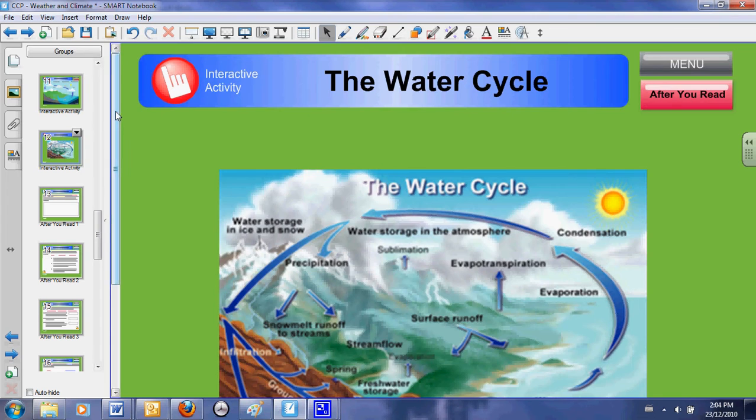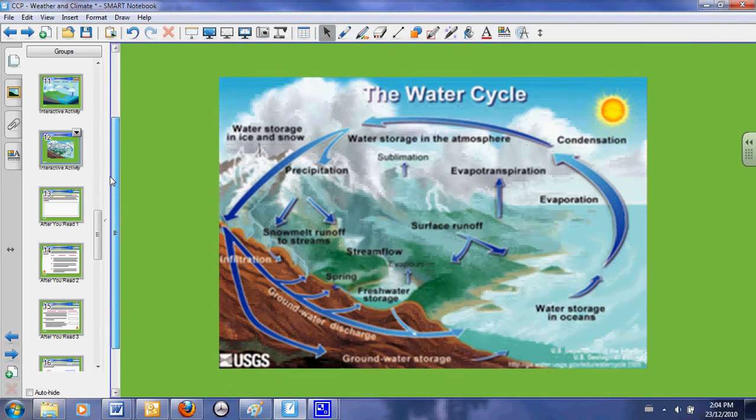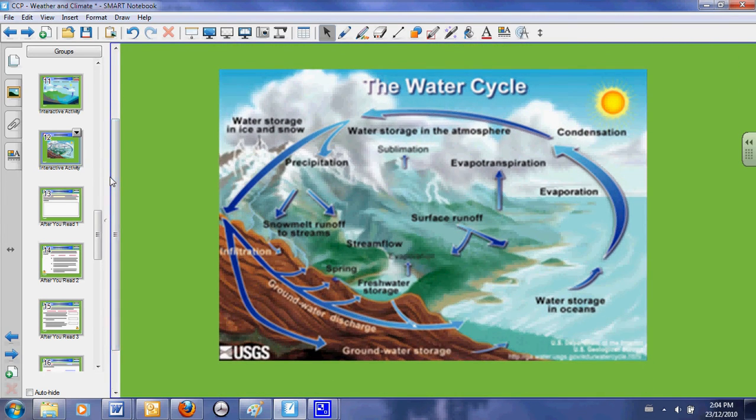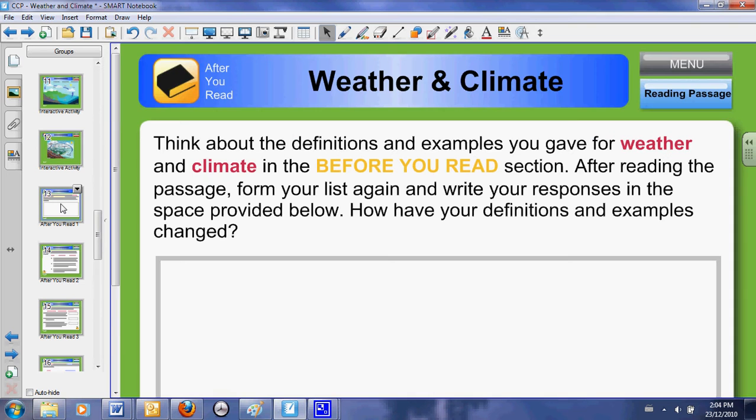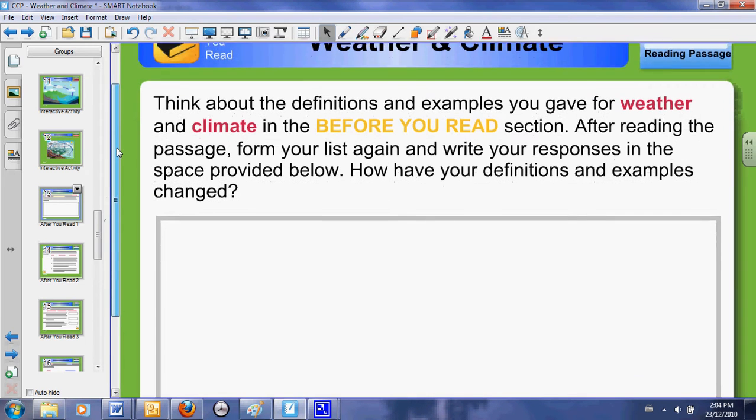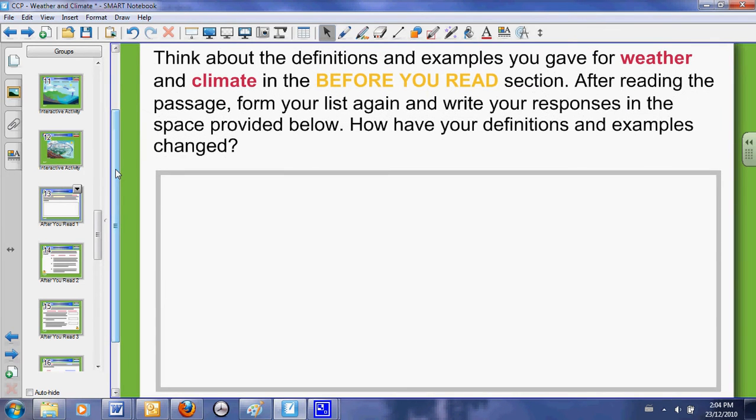Here's another visual of what the water cycle looks like with definitely some more detail. Now, with that being said, we need to revisit what we had written about our definitions of weather and climate. So write your responses down again and see if you have changed your mind.